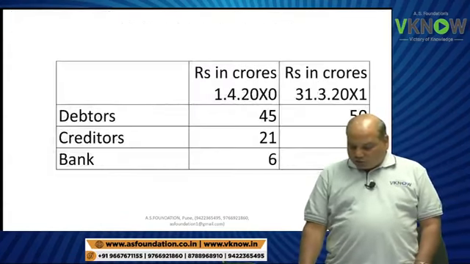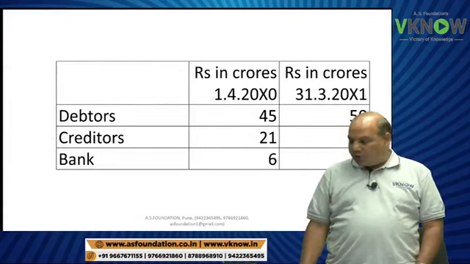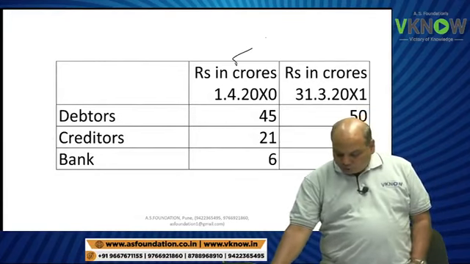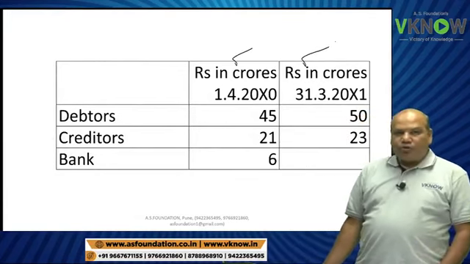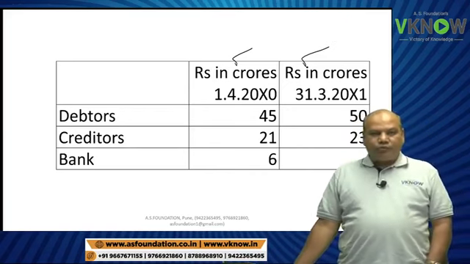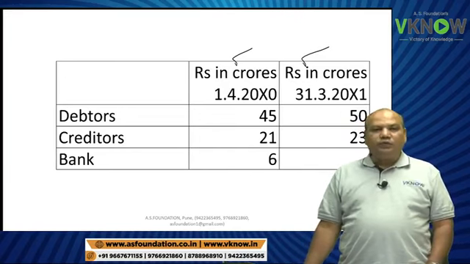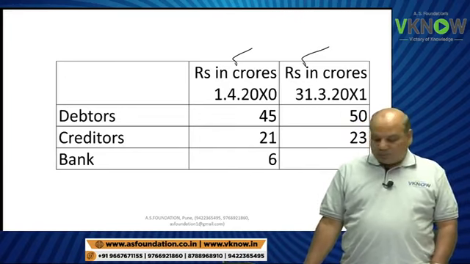Now you just write down this much. Make a small table with two columns, rupees in crore, 31st March 20x0 and 31st March 20x1.